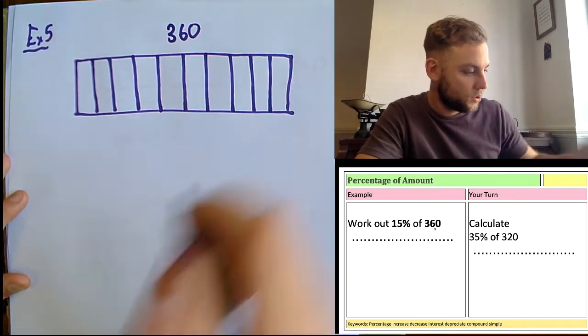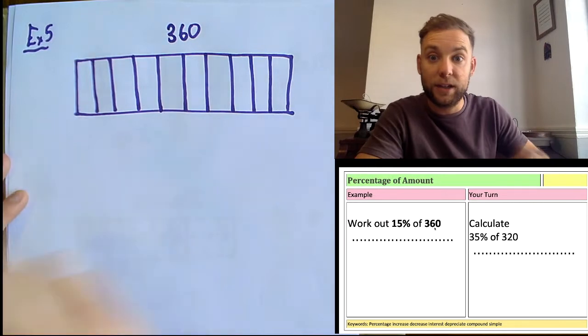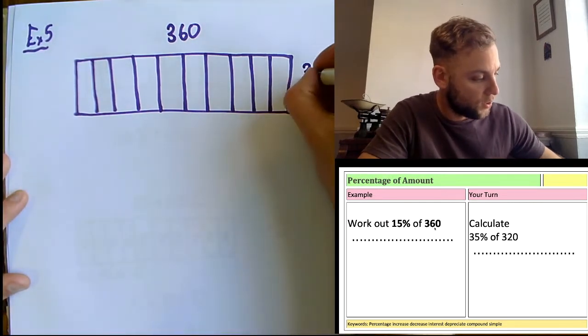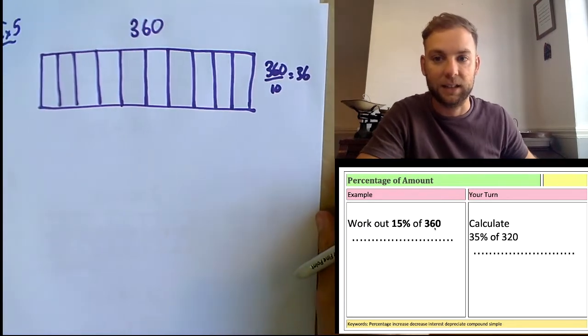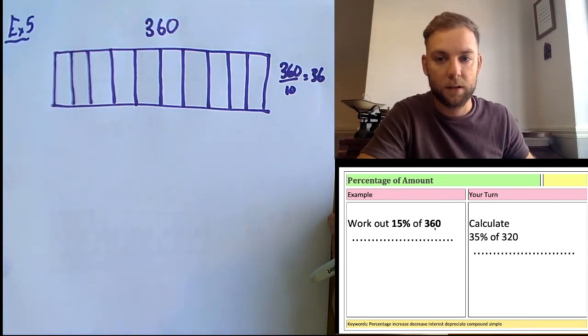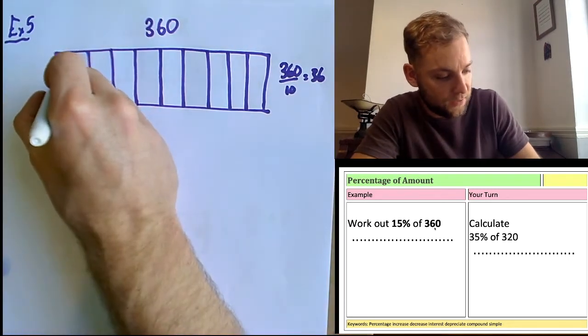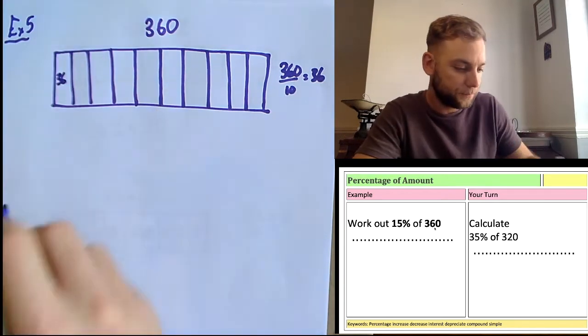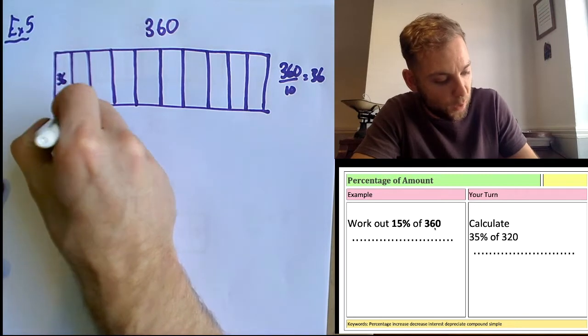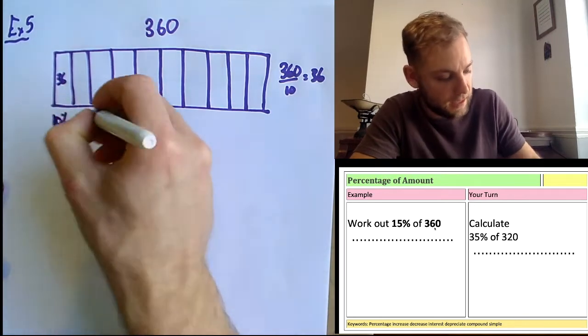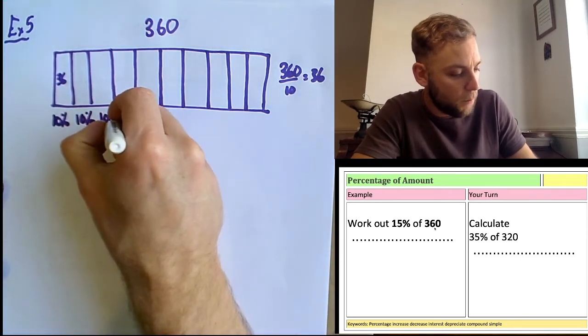Super. So I'm going to work out what each of the 10% are worth first. So it's 360 divided by 10, which is equal to 36, like so. Okay, so I now know that each of these are worth 36. 36, 36, 36. Now at the moment, I know that each of these are worth 10%. Okay, but I don't want a multiple of 10.